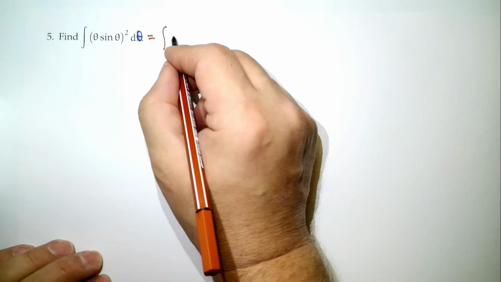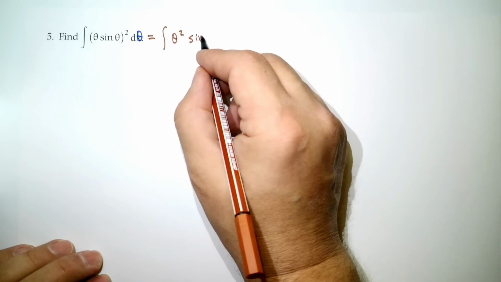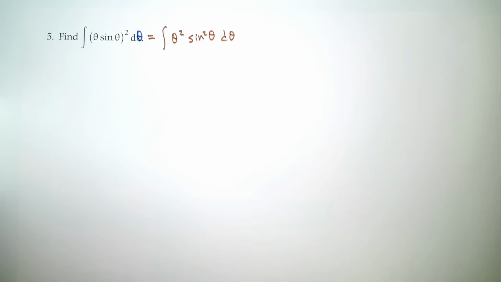So one thing we can do is we can certainly square each part. And we think, okay, theta squared, sine squared theta, d theta. Now we're like, okay, if I saw theta squared times sine, I'd be happy. But I have that sine squared. So we'd want to think about it. And this is a case of saying, is there a better way to write this?